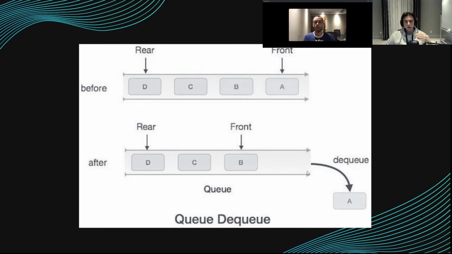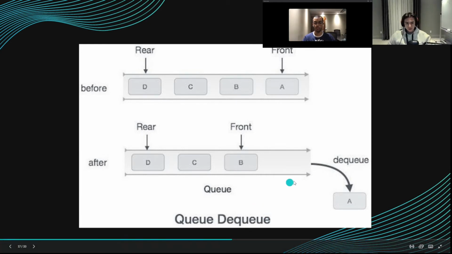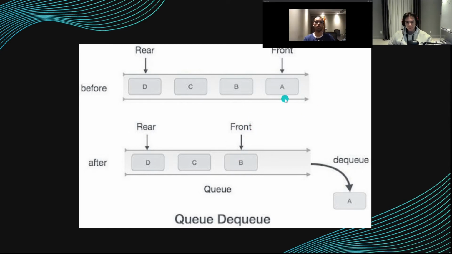Back to the whole concept of queues, they were the first in, and so now they're going to be the first out. We see that A leaves the queue, and now our front moves over to B because A's gone. The next person that entered the queue after A was B. We can see that illustrated here, and our new queue is B, C, D.